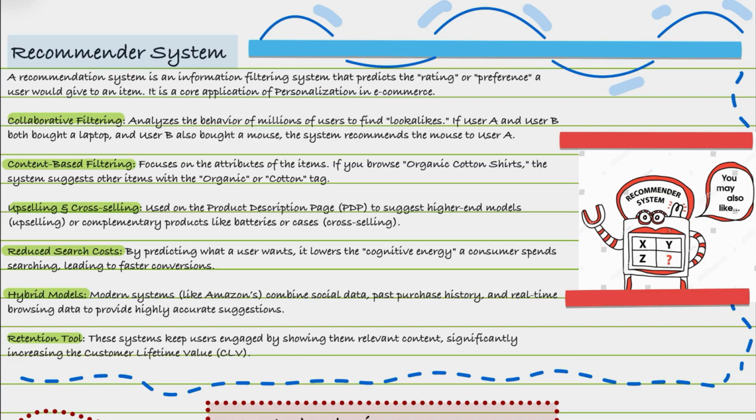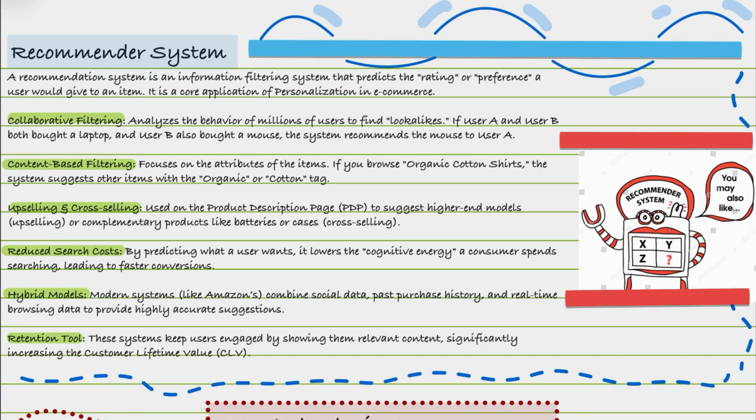And you will see that modern platforms use hybrid models as well, that combine both approaches with real time browsing data to enable highly effective upselling, and also cross selling to suggest the compatible case or charger on a checkout page.